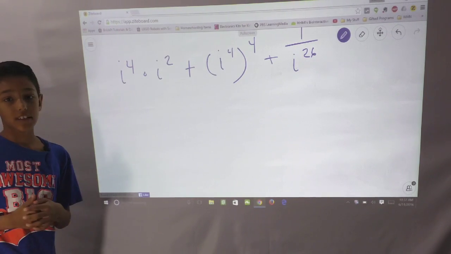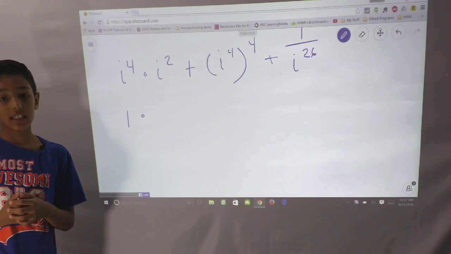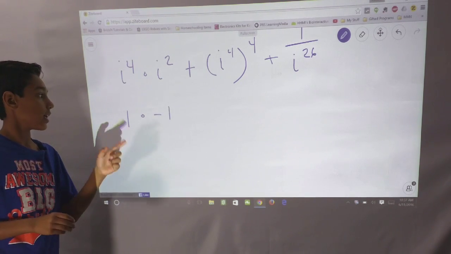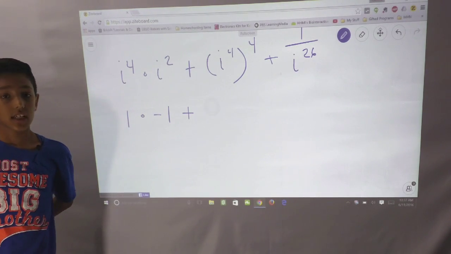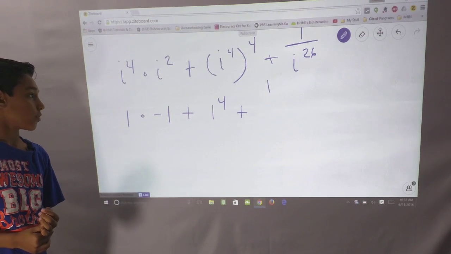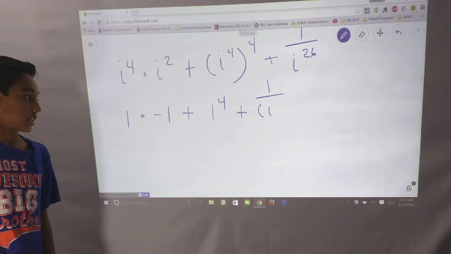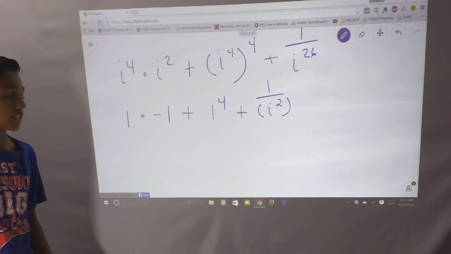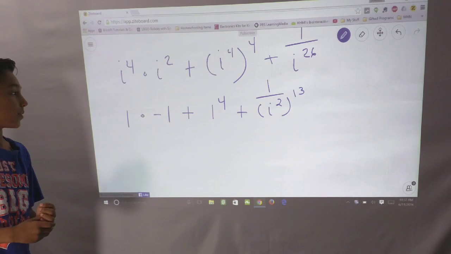So i to the fourth, if you split that out, is i squared times i squared, which is negative 1 times negative 1, which is 1. So 1 times negative 1, since i squared is negative 1, plus 1 to the fourth, and then plus 1 over, and we can break this down into i squared in parentheses with an exponent of 13 outside.